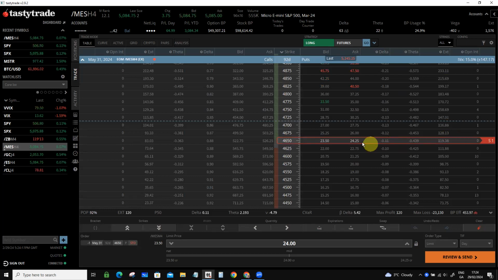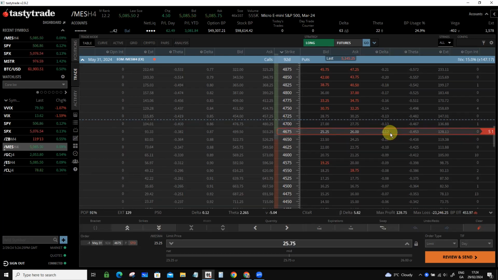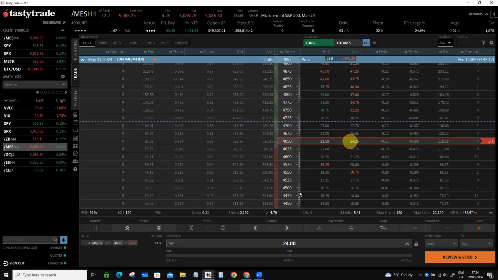So let's see here, 24, we can get $120 on 46.50, and that's at 11 delta. So let's see if we go a little bit higher, 25.75, we could do that as well. But let's just maybe go here, and let's go 5 of them.